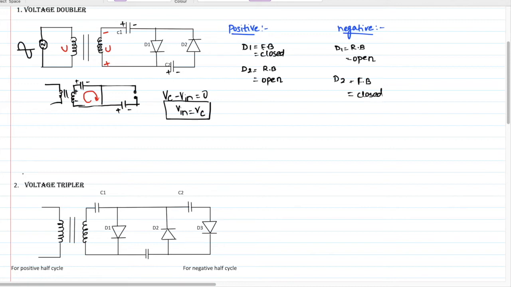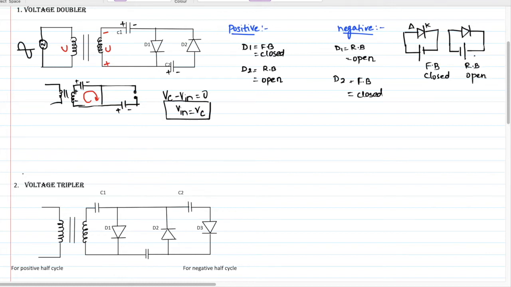See, the reason I am telling whether the diode is open or closed is because we all know that if this is the anode and this is the cathode, and the anode is connected to positive and the cathode is connected to negative, then this is a forward bias condition and the diode is closed. If the anode is connected to negative and the cathode is connected to positive, this is reverse bias and hence it acts as an open switch.